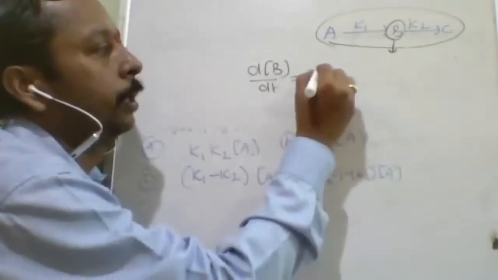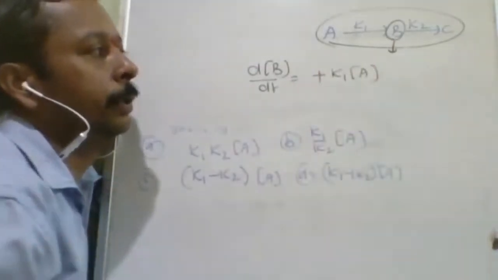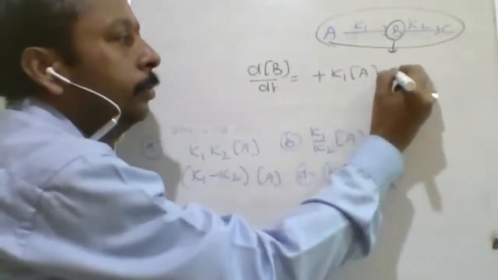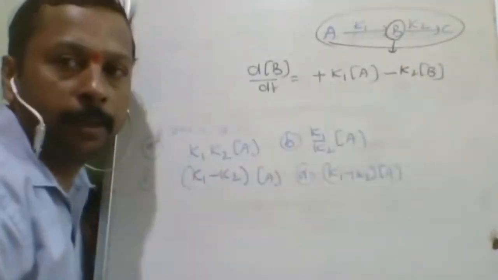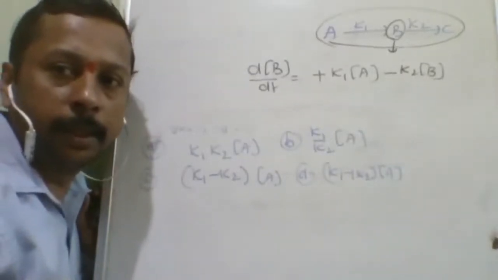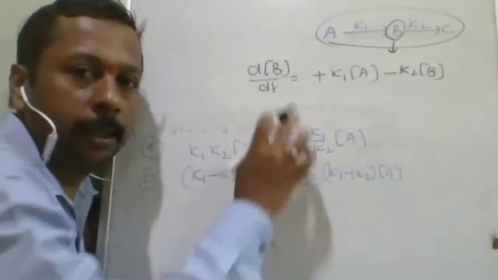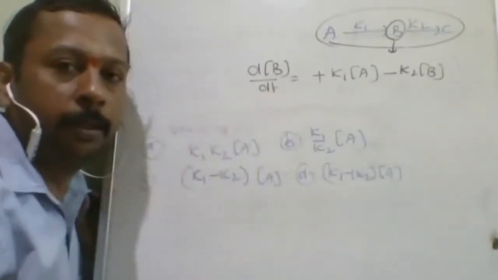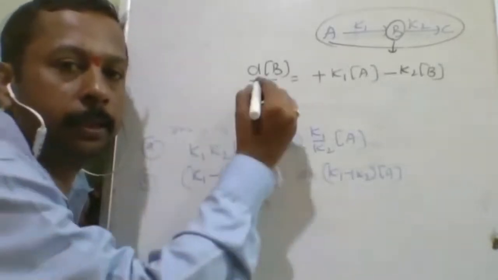For this reaction it is a product, therefore it will be K1 into concentration of A. But it is also consumed in the other step, therefore K2 into concentration of B. This is the net rate of formation of B. In this question, it is given that the net rate is zero.